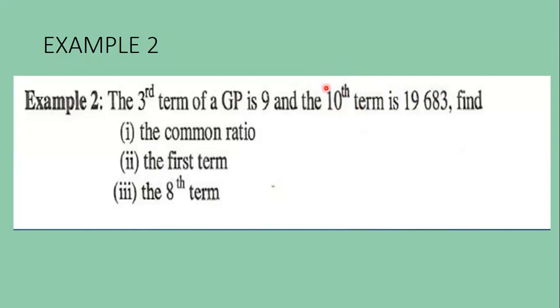A times R power what? It's T n equals A R power n minus 1, so T10 is simply the same as A times R power 9. Are you following?